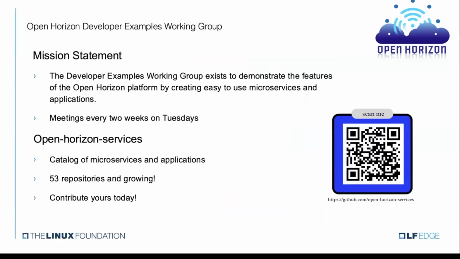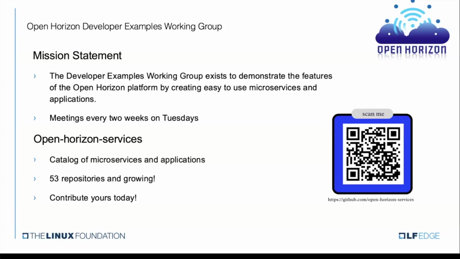I'm doing this work today as part of the Developer Examples Working Group. We have been a thing for, I think, 6 years now. I've been working on Open Horizon for about 7, and I've been the chair of this working group for about 6. We have been working on this Open Horizon services catalog of services, and we are up to 53 repositories now, services and utilities.